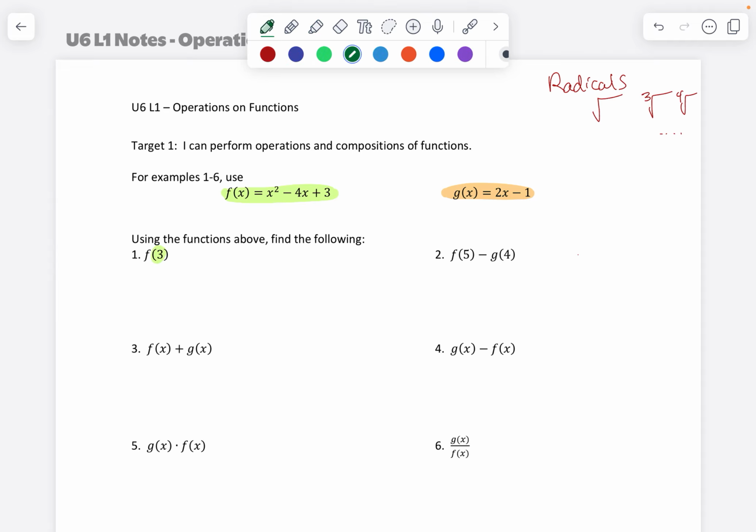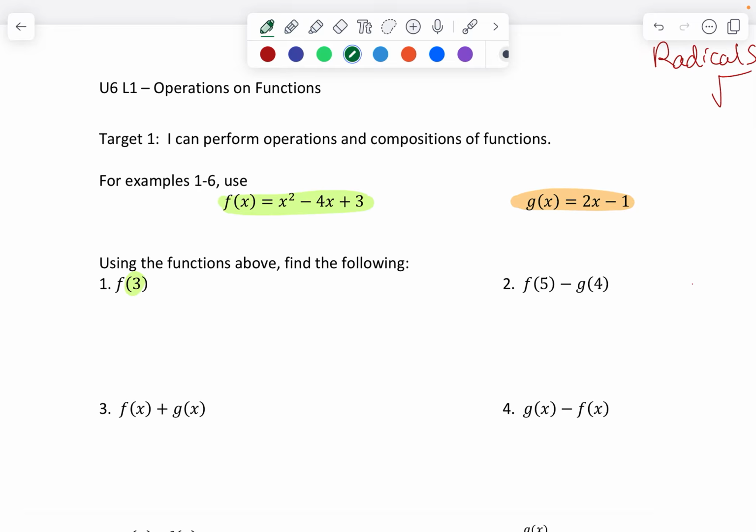This is something we've done before. You also did it in Algebra 1. Just remember, whatever number is in the parentheses, that's always replacing the x. So this is asking you to plug in 3 for x, and this letter tells you what function to plug it into. So I'm going to plug it into the f function, which on mine is the green one.